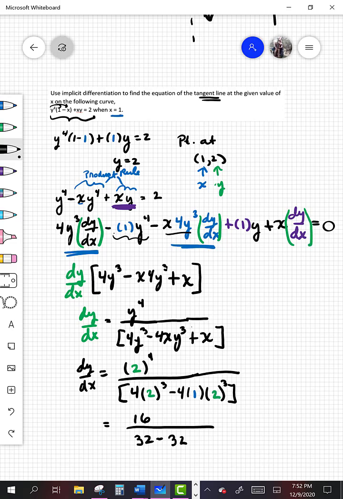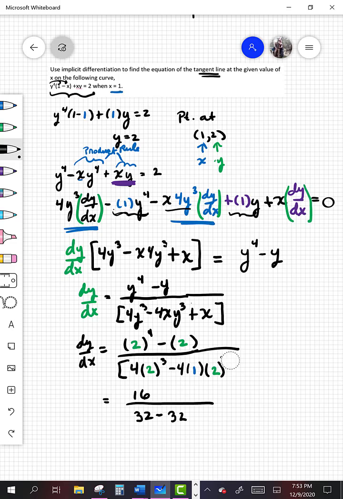When I divide it, is equal to, we added this y to the 4th to both sides, so there's the y to the 4th here, but we also have to subtract this y here, so minus y. So there should be a minus y up here. So minus a y, so we're going to add a 2 in here, minus 2, and then we divide it by plus an x, so plus a 1.